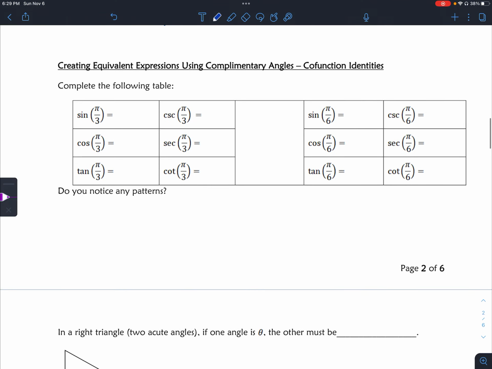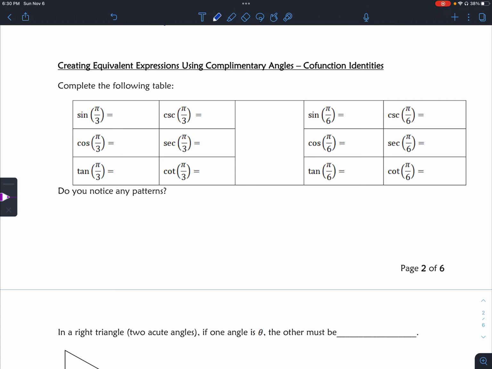Okay, so take some time to try to fill out this table. You can pause the video now. Try to fill this out, and then after you have done so, you can unpause the video. Okay, so assuming that you have filled this out already, so sine of pi over 3. Recall that pi over 3 is 60 degrees.